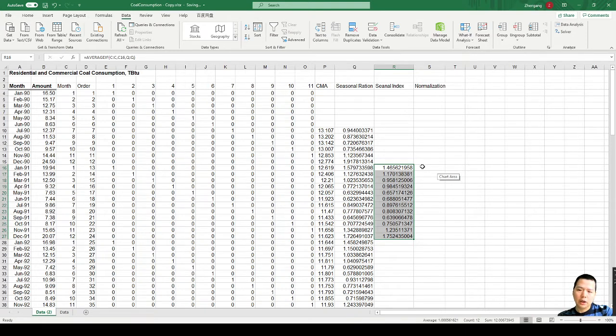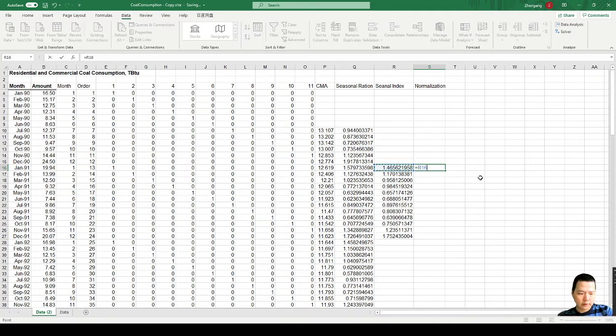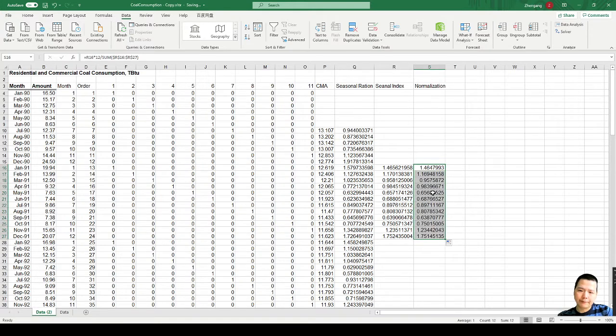So we take this index times 12 divided by the sum of these 12 indices, with the sum reference absolute. You will see it's almost the same, but when we sum them together, it becomes 12.